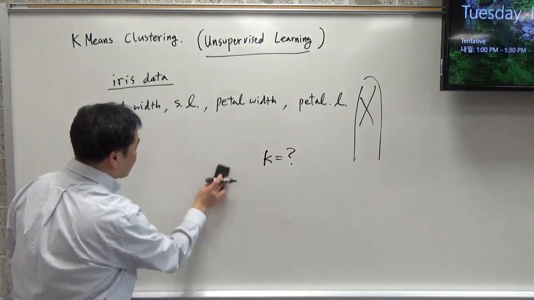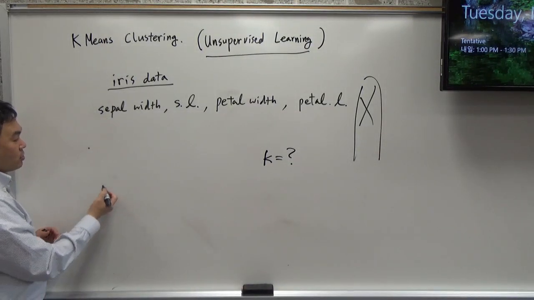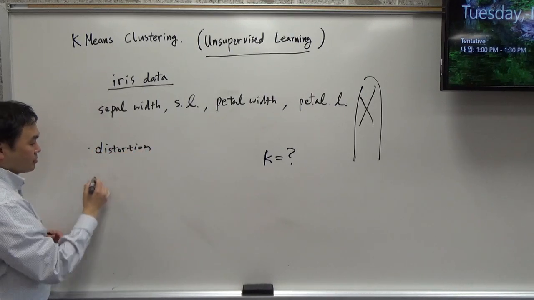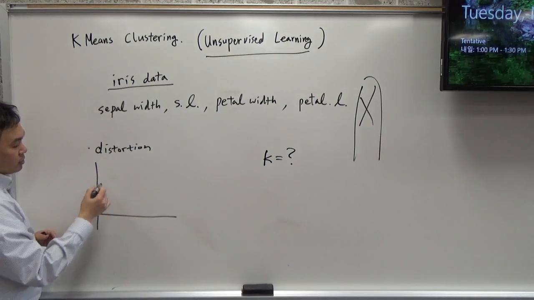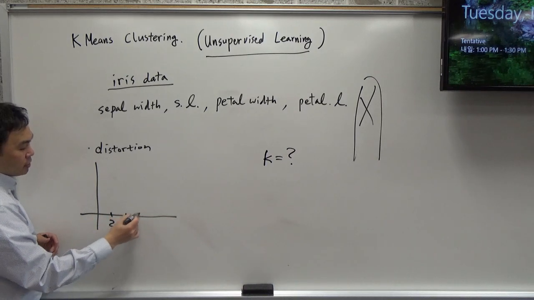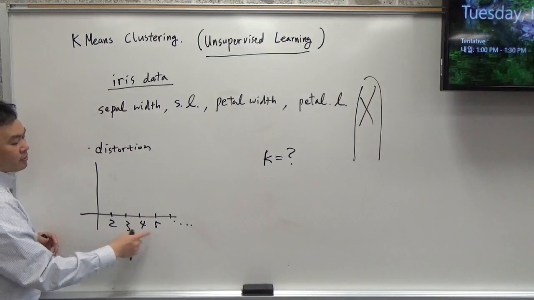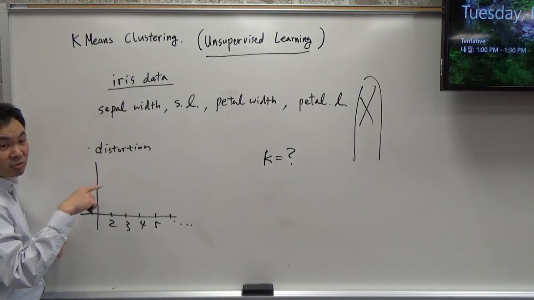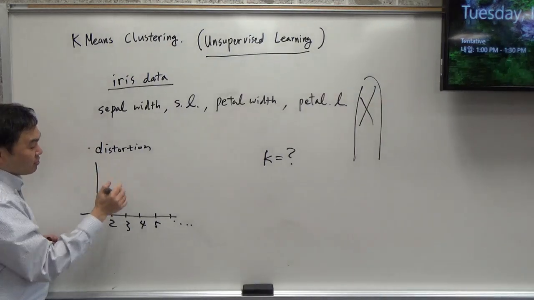Okay? So one way to do this is to draw the graph of the distortion. So what you get is, for K equals 2, 3, 4, for different values of K, you can do the K-means clustering, and each of these will give you a distortion value, right?